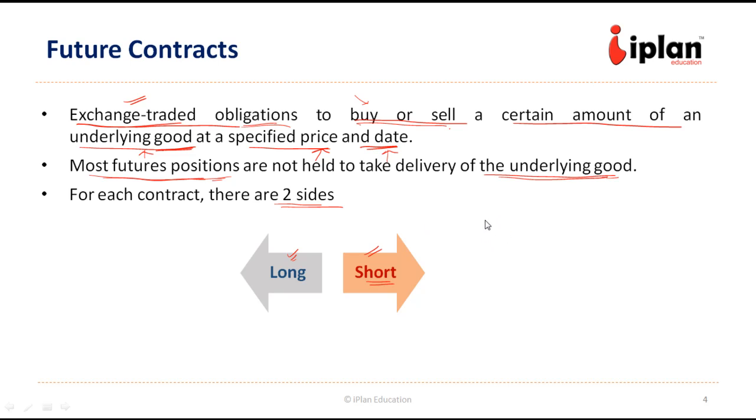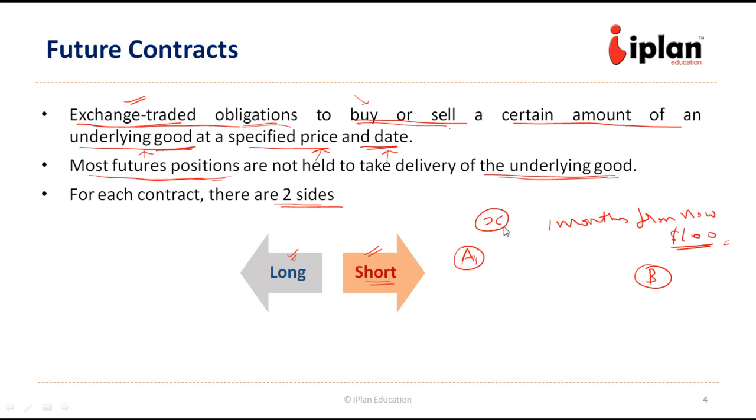So we can take an example here. Suppose there is a commodity X, there is a party A who wants to buy this commodity 1 month from now at a price say $100, and there is another party B which wants to sell it 1 month from now at say $100. The current price might be something different, which is the spot price, and the expectation of spot price in future by both the parties may differ.